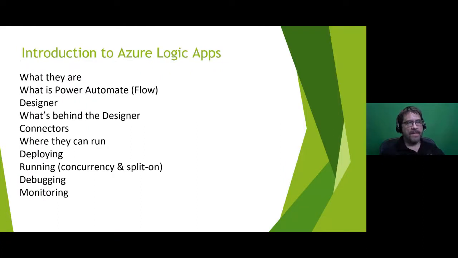There is also another offering that is very close to LogicApps in Microsoft, and that's Power Automate, which is the new name for it. Just a couple of months ago, it was renamed from Flow to Power Automate, and it's an Office 365 offering. So basically, you can get access to that through your Office 365 subscription.